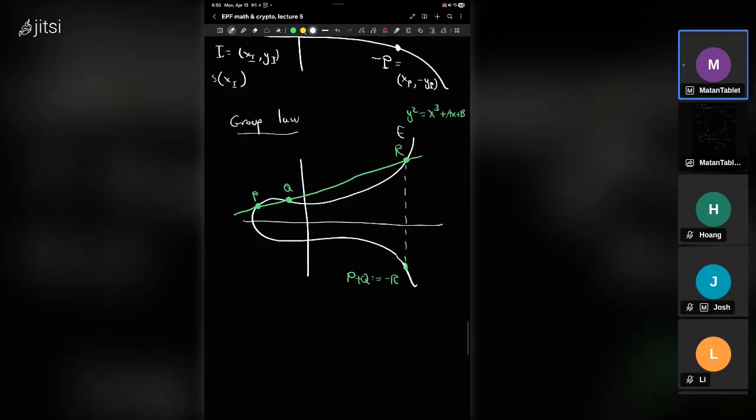So two edge cases. First, what happens if I want to add a point to itself? So let's say I want to add a point P to itself. I draw the one line that is tangent to the curve at P, say like this.